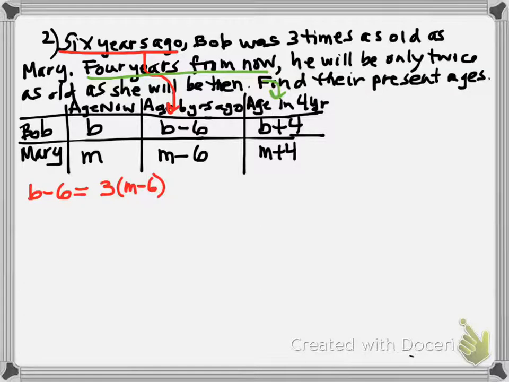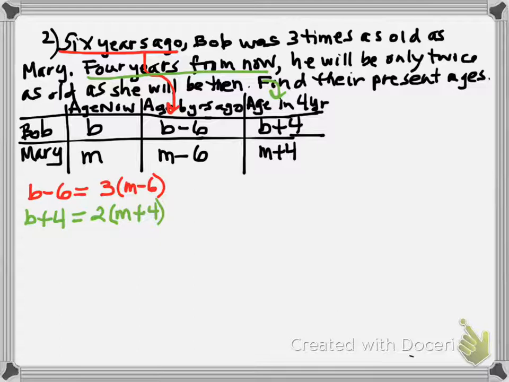There's some questions on your worksheet where it talks about one person in the future at the same time they talk about one person in the past. So you have to read carefully where you're going to take things from. So in this equation, he, Bob, in 4 years is b plus 4, equals only twice as old as she will be. Twice is 2 times, and because she's a quantity, we still need to keep those parentheses.